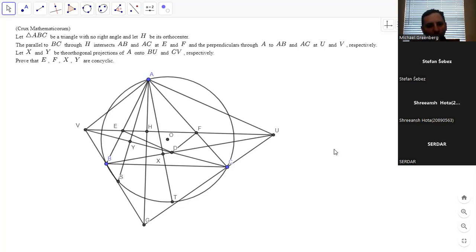We will have just a similar triangle. So CD over DV is equal to BC over VU.